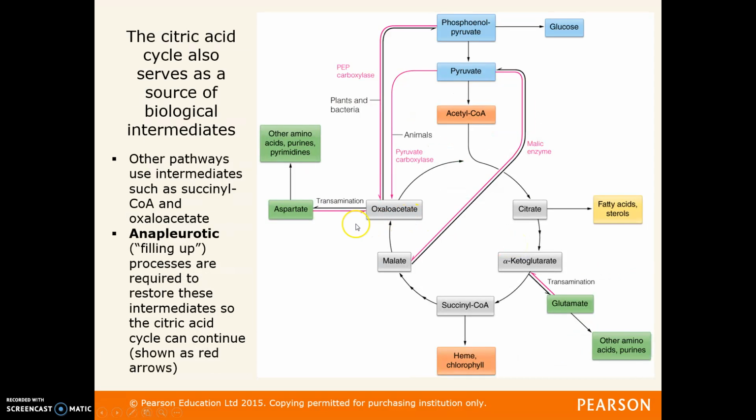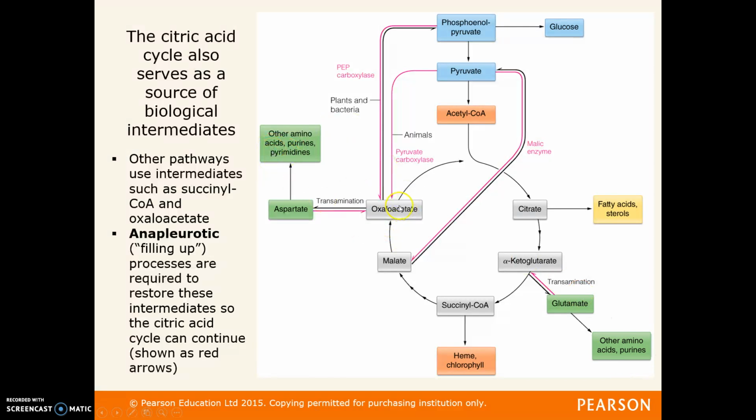There are a number of compounds that originate out of this cycle. So citrate is a key starting compound for fatty acids and sterols. Alpha-ketoglutarate is the addition of one amino group to becoming glutamate, right? And this can be turned into other amino acids.